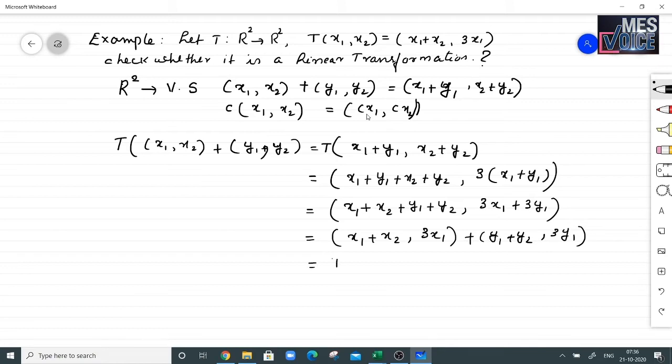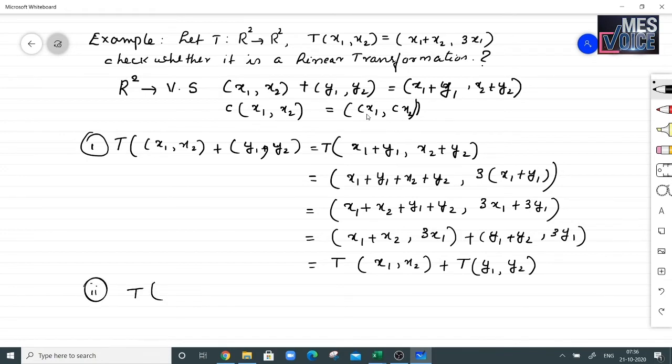This is equal to T of (x1, x2) plus T of (y1, y2). The first condition of the linear transformation is verified.